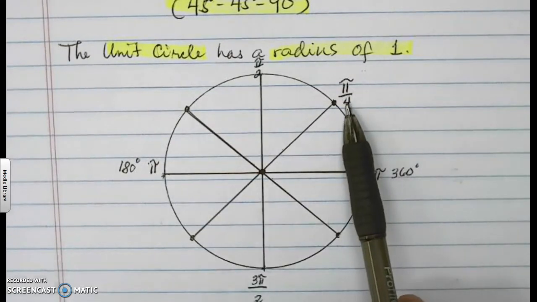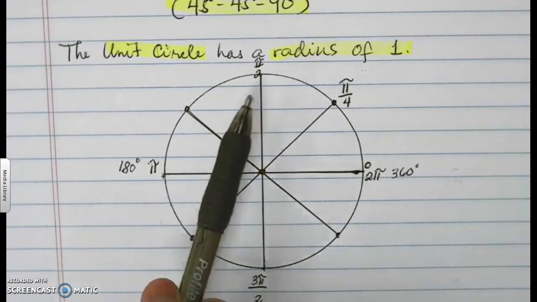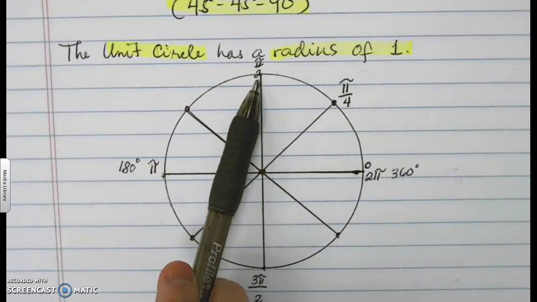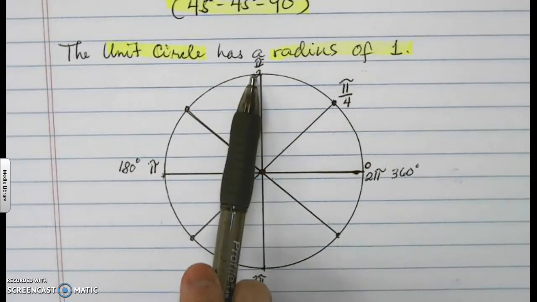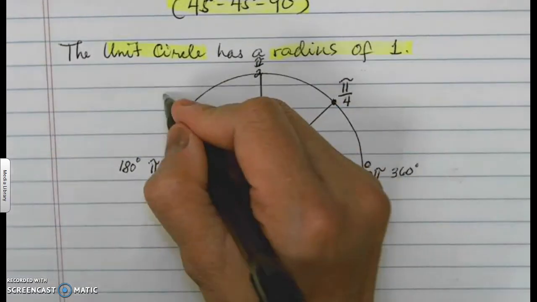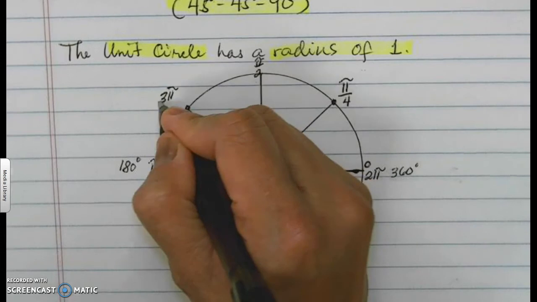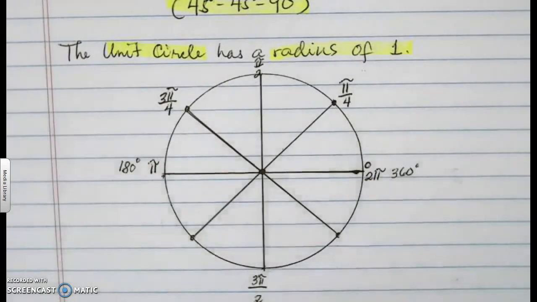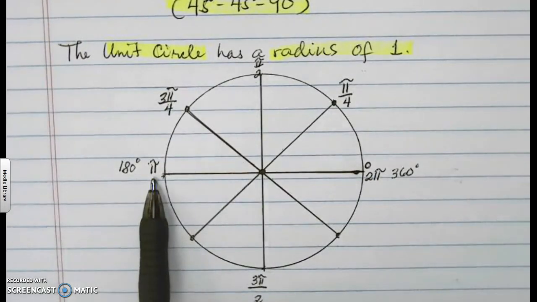If I call this my pi over 4, then I'm going to call this my 2 pi over 4, which will reduce to pi over 2. This now I'm calling my 3 pi over 4. This now is called 4 pi over 4, which will reduce to just pi.